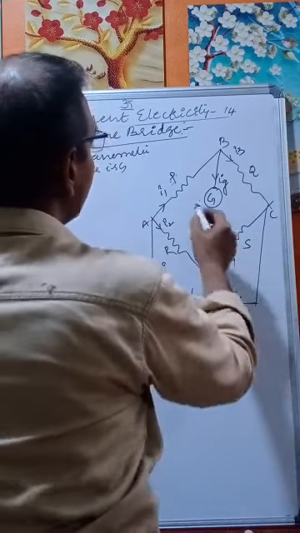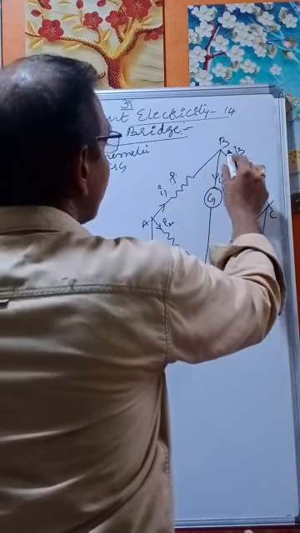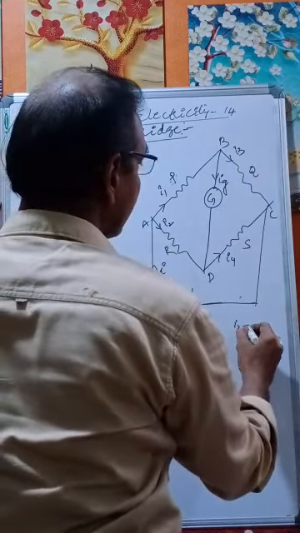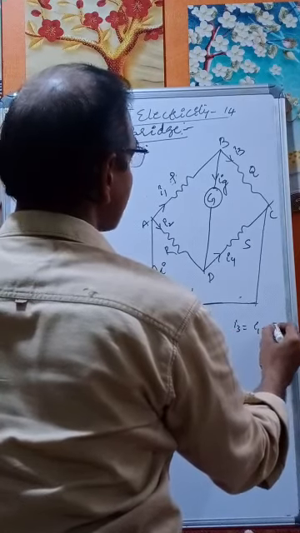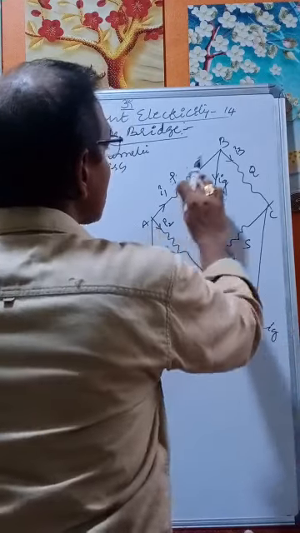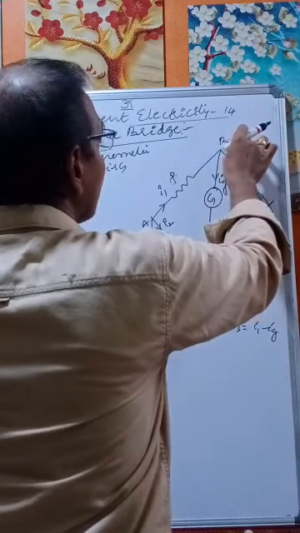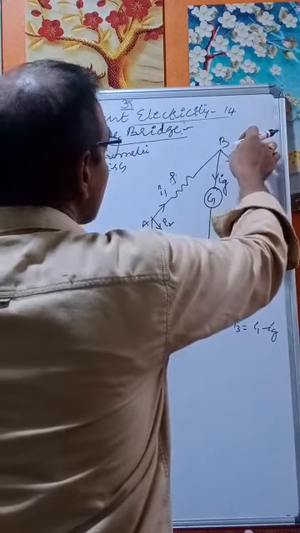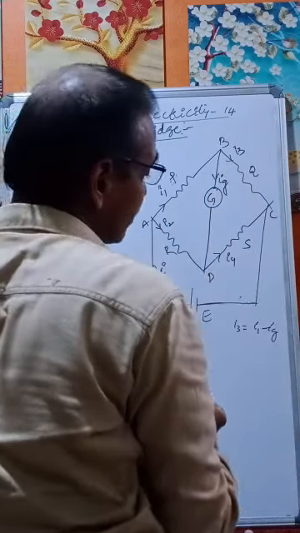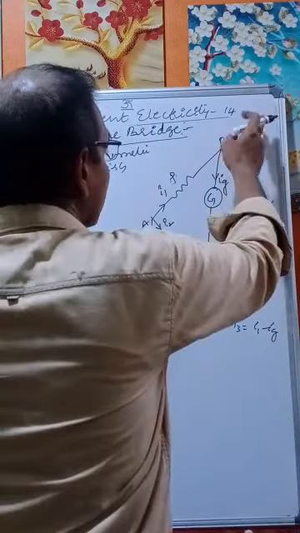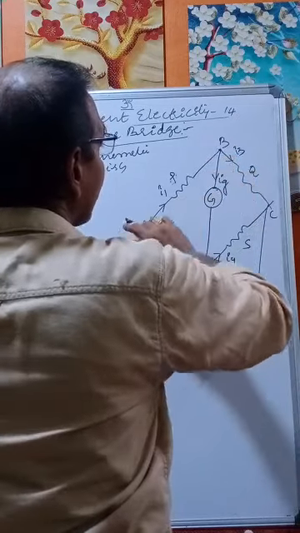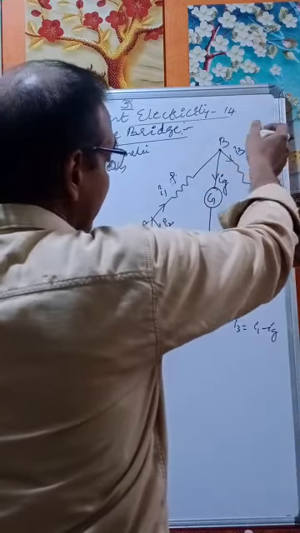Generally, if I1 is flowing like this, it splits into I3 and IG. Therefore I3 can be taken as I1 minus IG, just like 10 flowing and splitting into 4 and 6, where 4 equals 10 minus 6. Applying the junction law, I1 is towards the junction, I3 and IG are away from the junction.